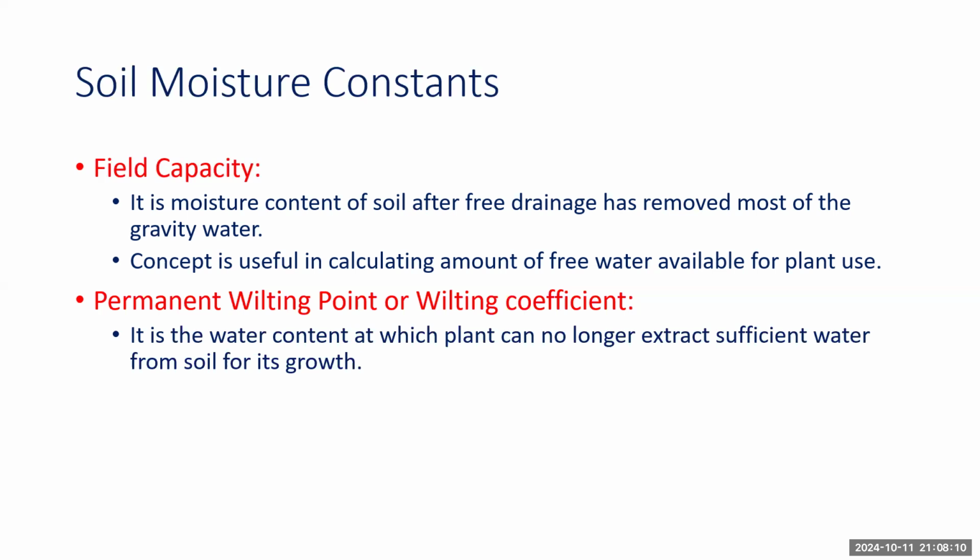So when the moisture content reduces below the field capacity, it will reach a certain value at which the plant can no longer extract sufficient water from the soil for its growth. That particular moisture content is called the permanent wilting point or wilting coefficient.